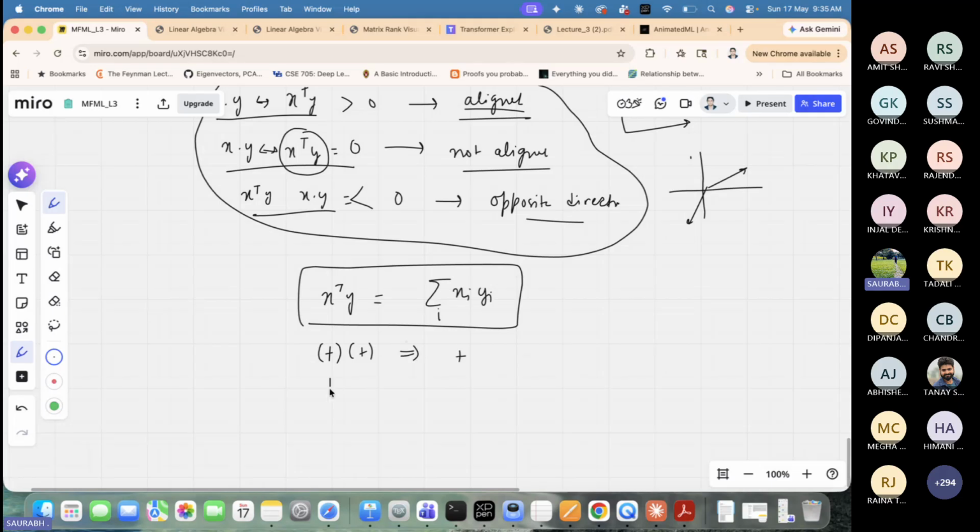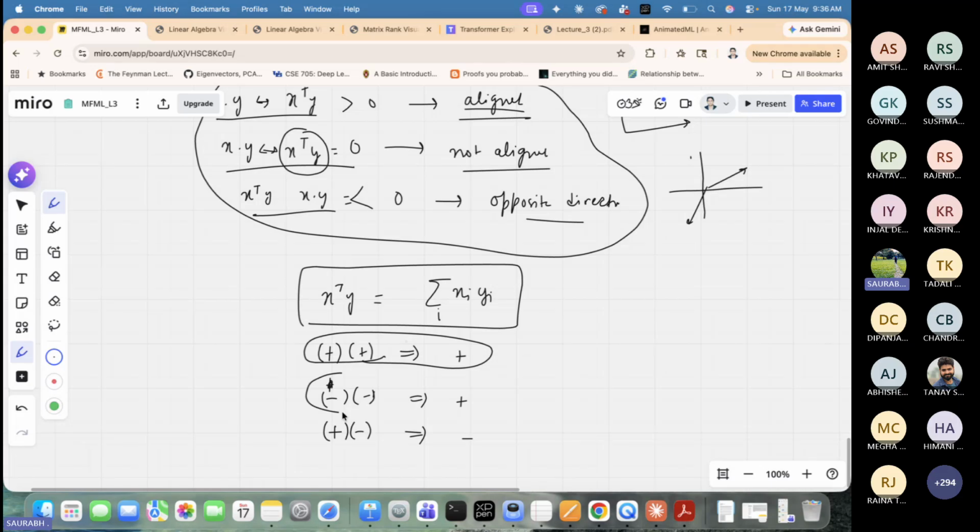If the first vector is negative and the second vector is negative, then the dot product would also be positive. If the first is positive and the second is negative, or the first is negative and the second is positive, the dot product would be negative. So the dot product adds up whether you have similar agreement or not.